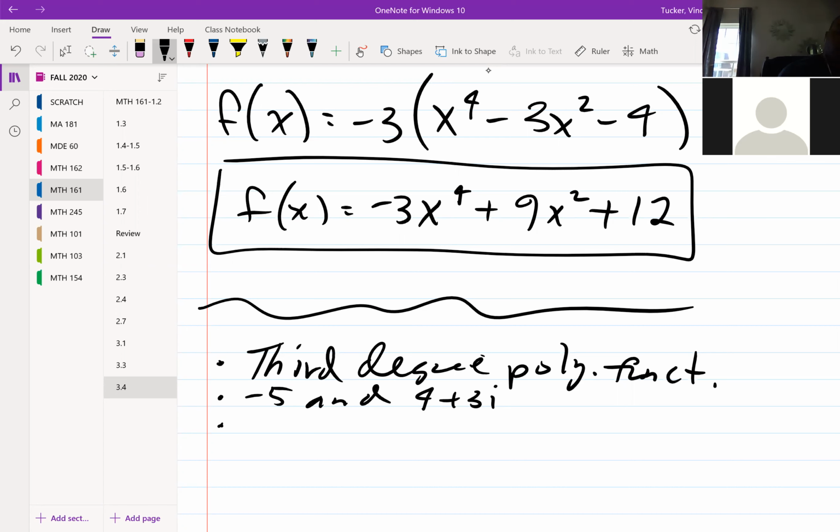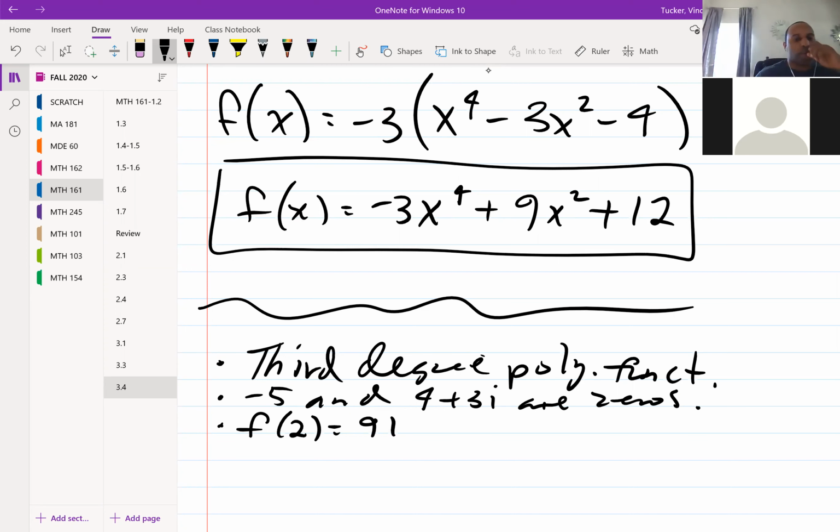And let's go R, 2 rows. And f of 2 is equal to 91. So we have a third degree polynomial that we're trying to get. -5, 4 plus 3i are zeros. And then f of 2 is equal to 91. So when I plug in 2, I'm supposed to get out 91.